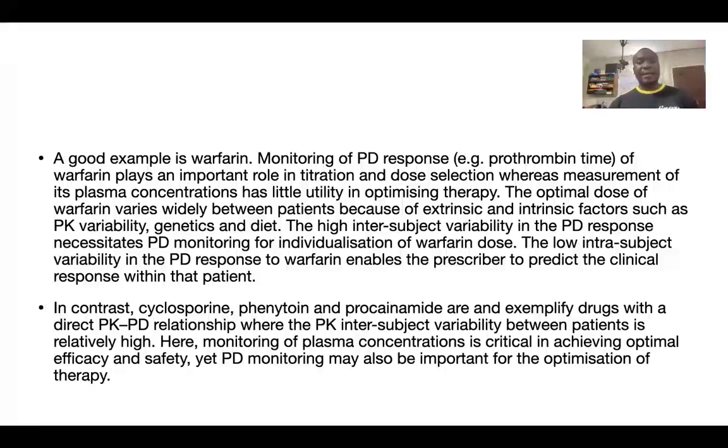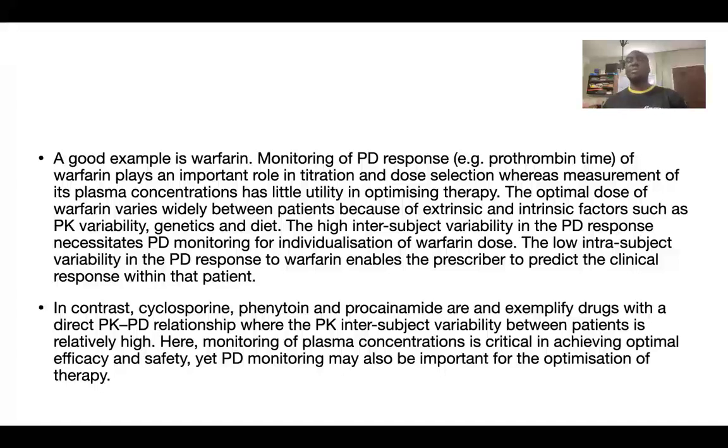That high intersubject variability in the PD response necessitates PD monitoring for individualization of warfarin dose. Okay, the low intrasubject variability in the PD response to warfarin enables the prescriber to predict clinical response within that particular patient.